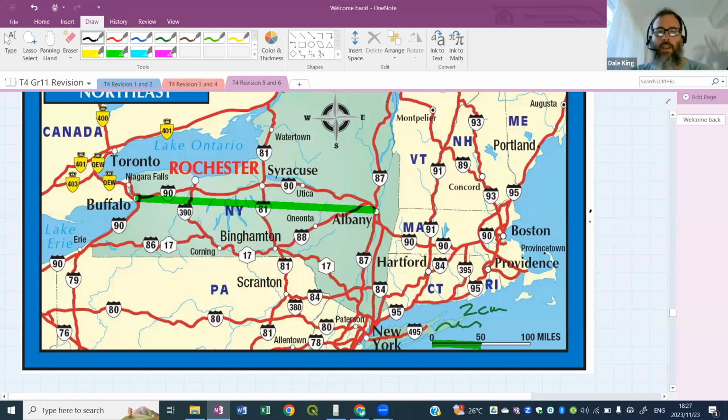Yes, sir. Okay. What do we do here? So we've measured the line scale. That 50-mile section is 2 centimeters. Our green line, the big green line from Buffalo to Albany, is 7.5 centimeters. What do we do? Sir, can I try? Yeah.